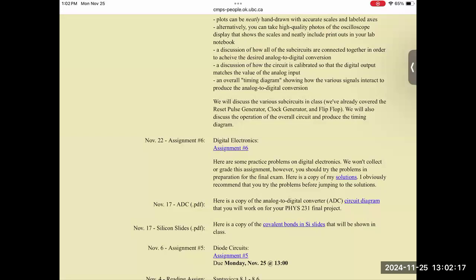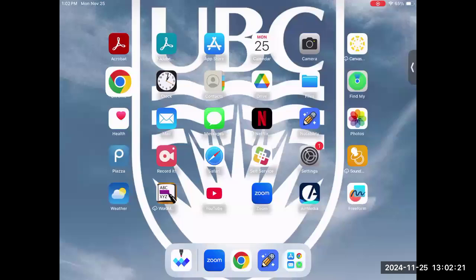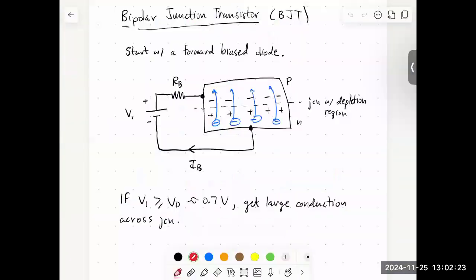Okay, so good. What I want to do today is talk about the bipolar junction transistor. The way we're going to start this discussion is with a diode. We're going to have a PN junction, and we're going to forward bias it, making the P side positive with respect to the N side.